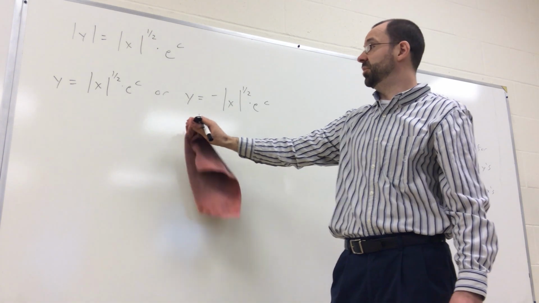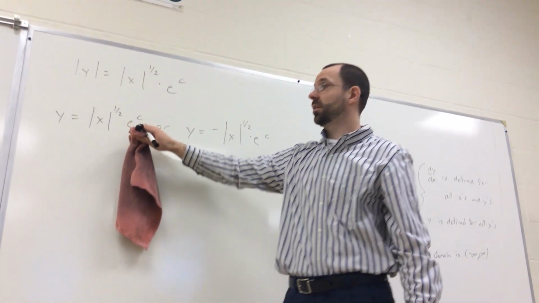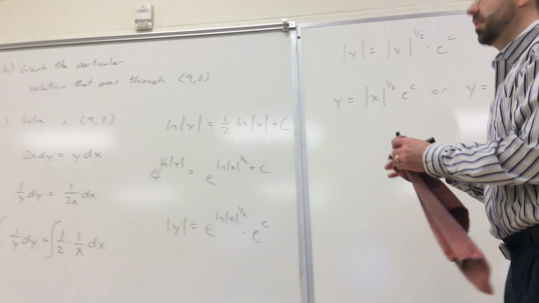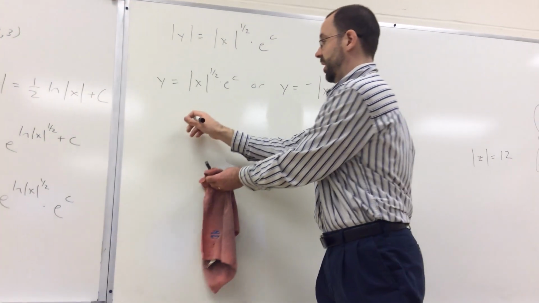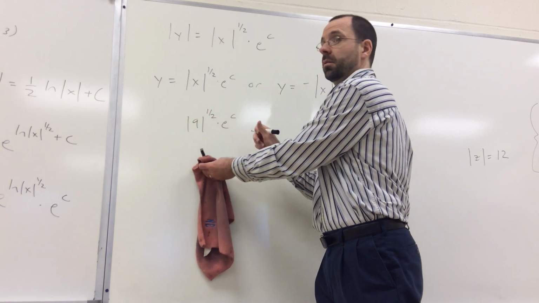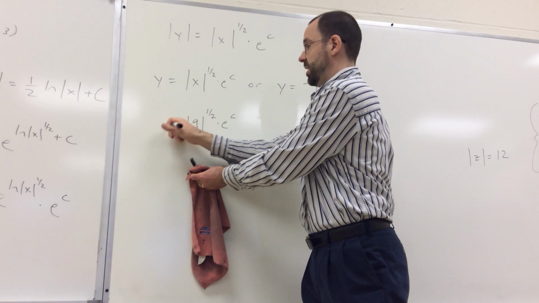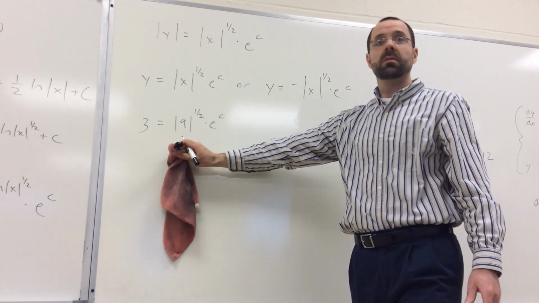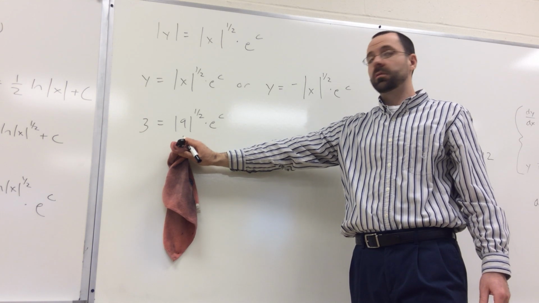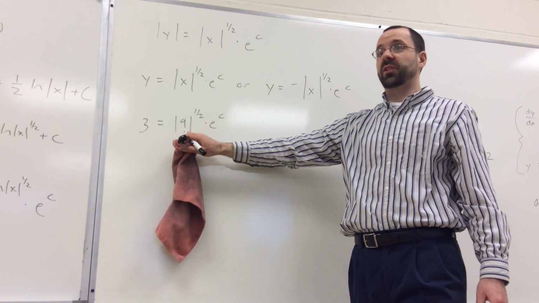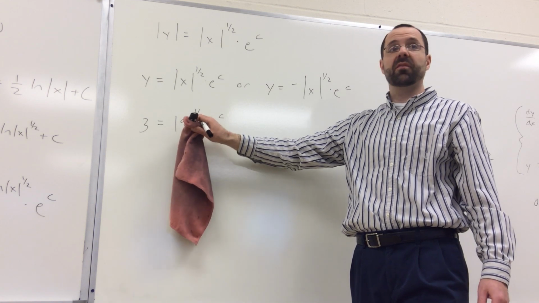So the last thing we need to do is figure out what c is. So we're going to use the point (9, 3) to figure that out. So when I plug a 9 in for x, I'm supposed to get a 3 out for y. Absolute value of 9 is 9. 9 to the 1/2 power is 3.